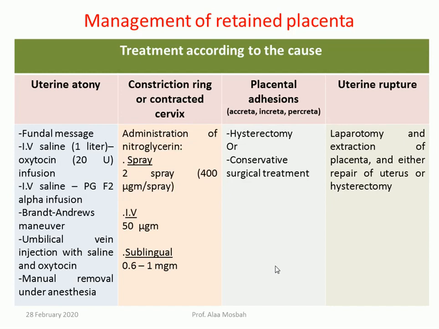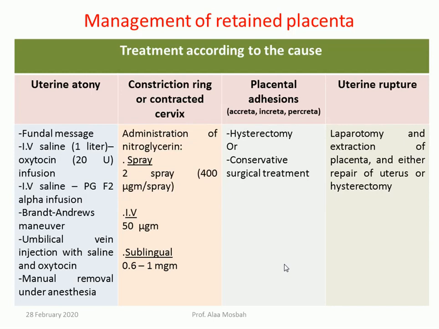In case of constriction ring or contracted cervix, we administer nitroglycerin in the form of a spray, 2 sprays, 400 microgram per spray, or intravenous 50 microgram dose, or sublingual 0.6 to 1 milligram dose.